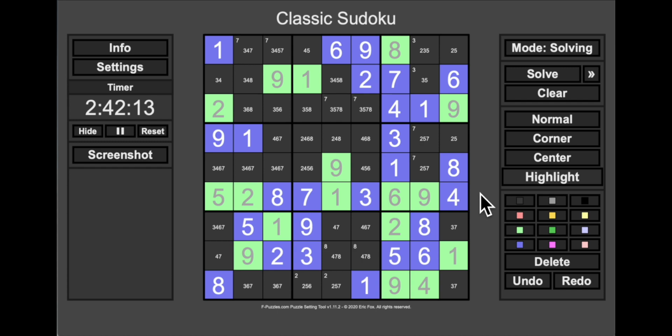Let's see. 4, 7, and 8. Now, I don't know anything about these, do I? I haven't placed a 6 definitively in box 7 or 8.